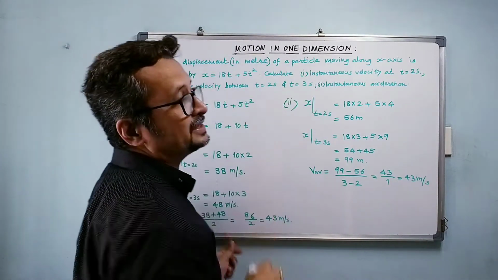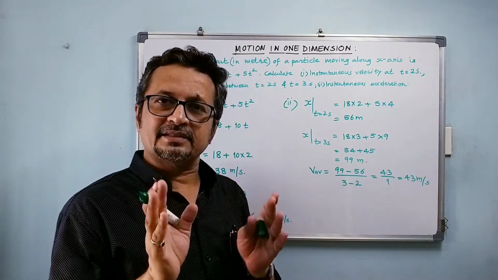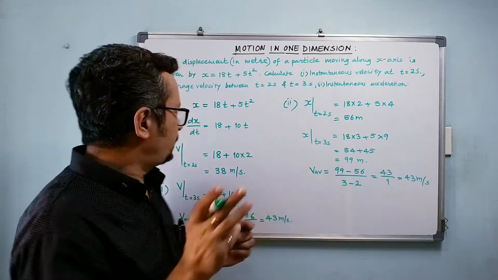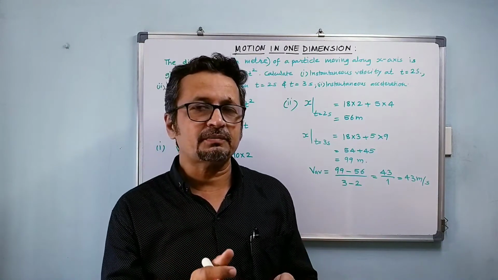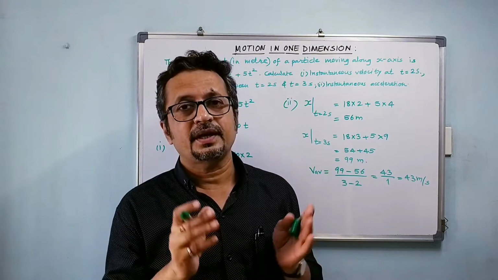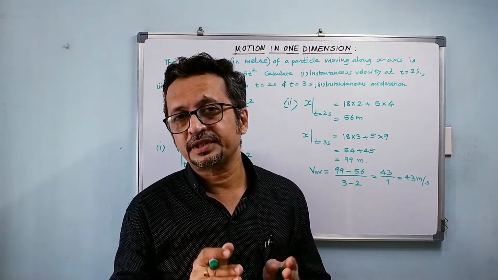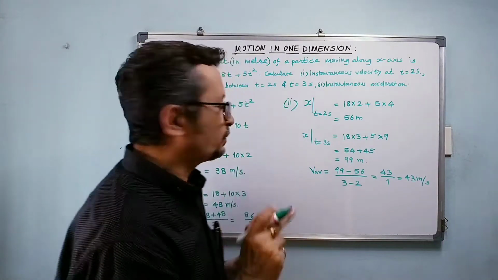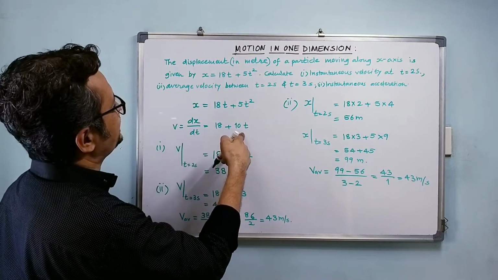Okay, now the third part is instantaneous acceleration. For instantaneous acceleration, what should we do here? First of all, we had the expression for displacement, from that we found the expression for velocity, and now we will differentiate the expression for velocity to get acceleration. What is the expression for velocity? Is it not 18 plus 10t?